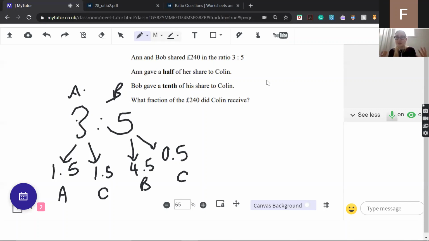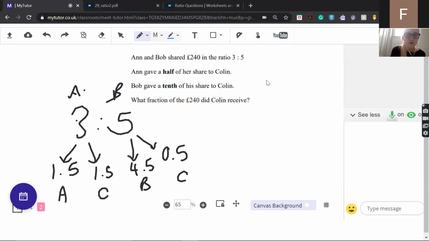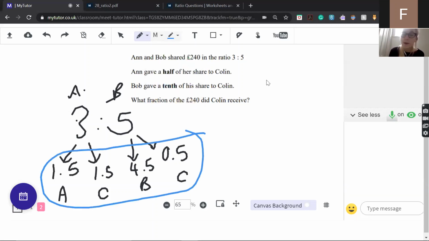And now if you look at this, we've kind of made this into these new ratios of chunks. And we're just going to combine them. So what actually happens is that Anne gets 1.5. Bob gets 4.5 chunks. Again, these cupcakes, right?